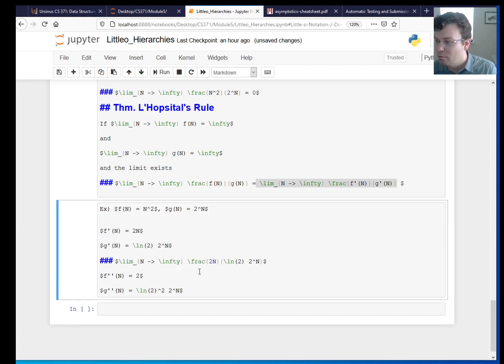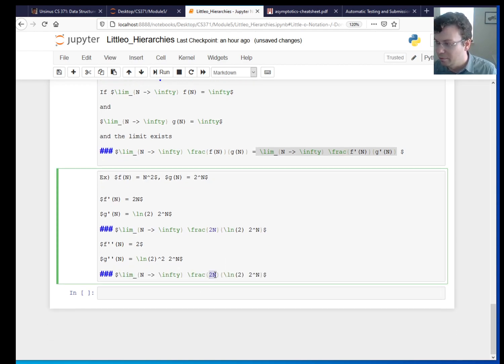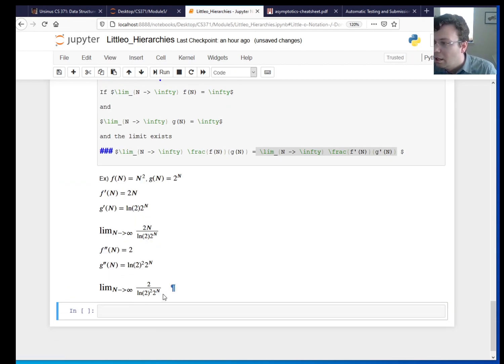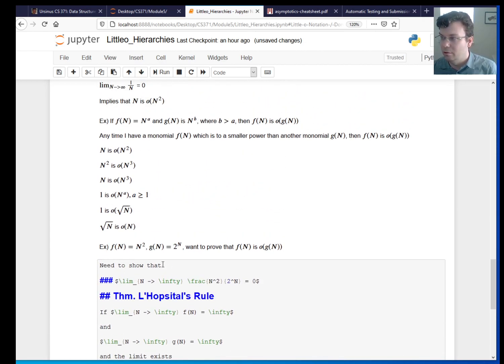Okay, so anyway, now we're able to say that, if the limit exists, then we can evaluate it as 2 over natural log of 2 squared times 2 to the n, as n goes to infinity. Well, now this is much easier to see than what we started with.